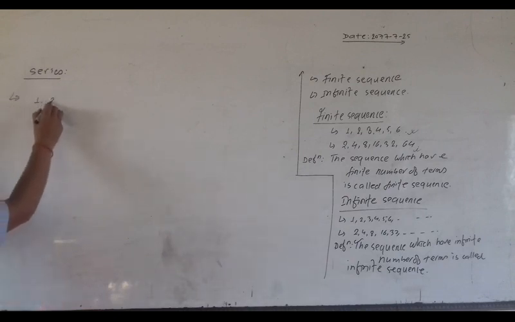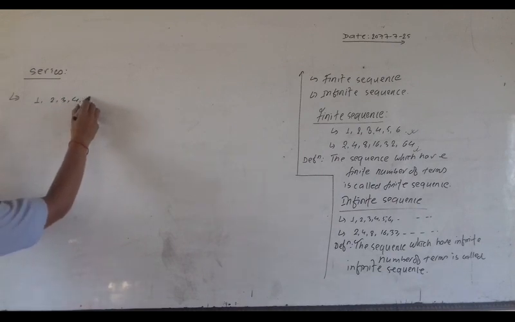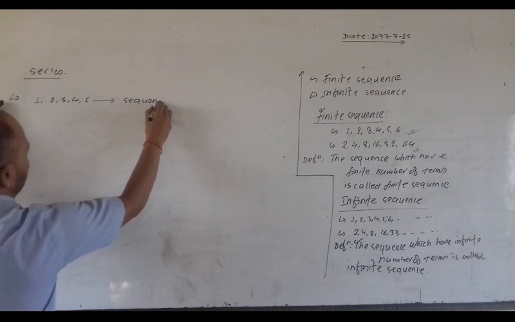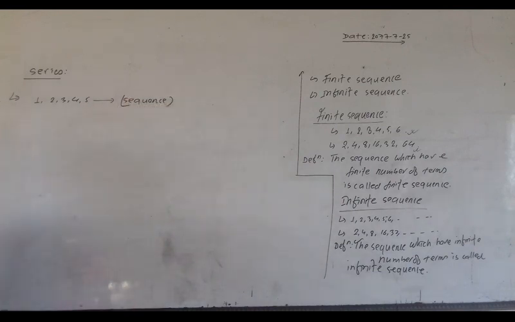Now see 1, 2, 3, 4, 5. It is a sequence. We just read about sequence. When we sum the terms of the sequence, or take the sum or difference of the terms of the sequence, then it is a series, my dear friends.